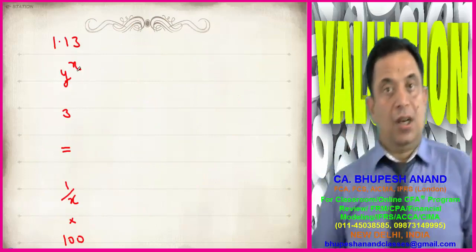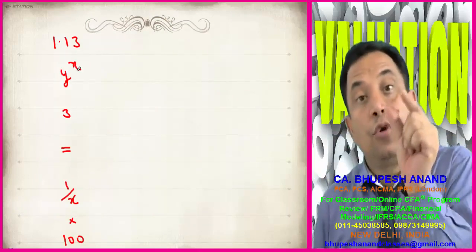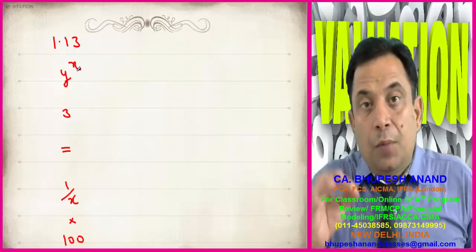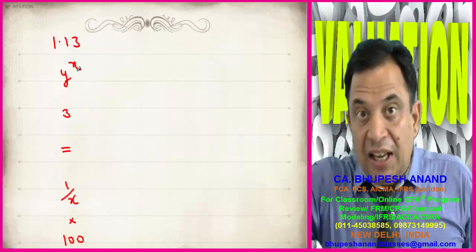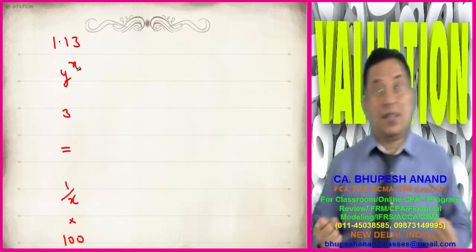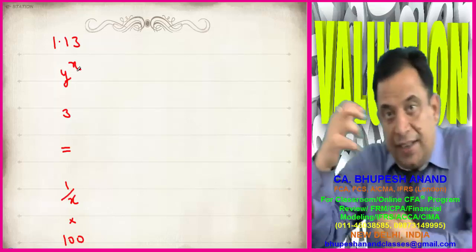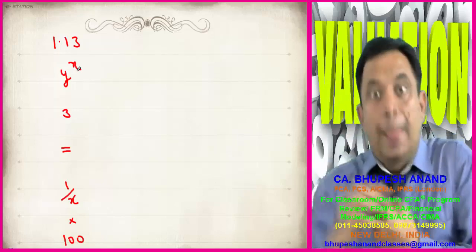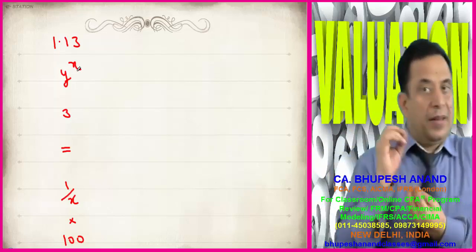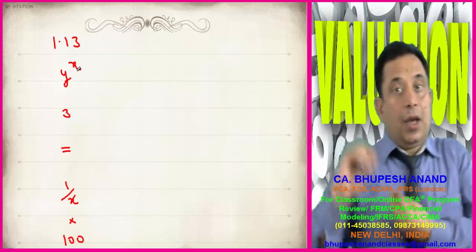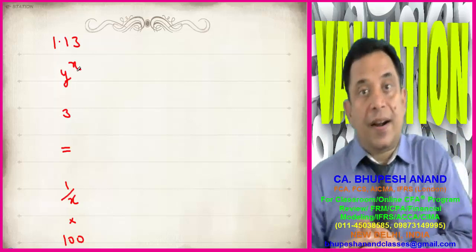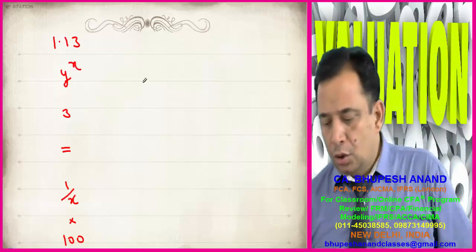Third year, I have done it for the third year. Now because I have to raise it to the power of 3 and I don't have a function for 3, I cannot do it directly with x square. So I am calculating 1.13 by pressing the y raised to power x button, 3, equal to, then taking the inverse, 1 upon x, into 100.